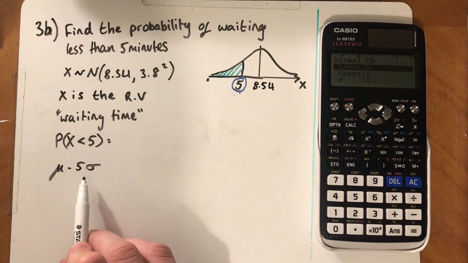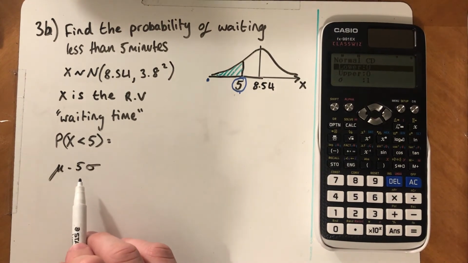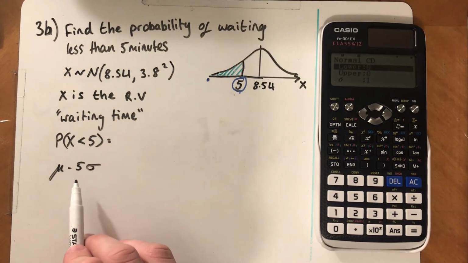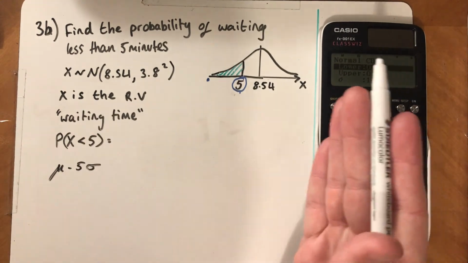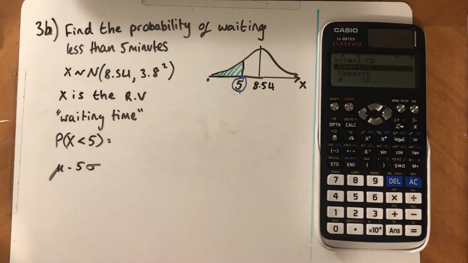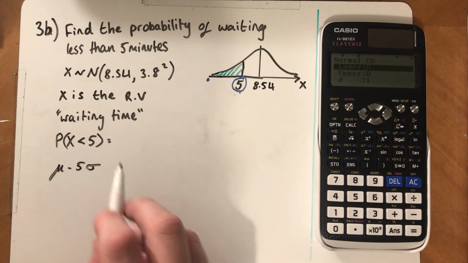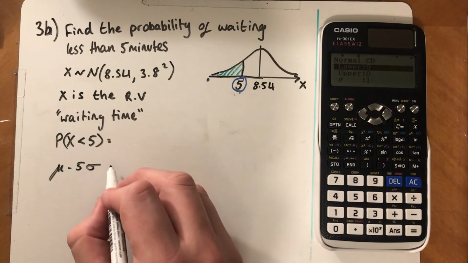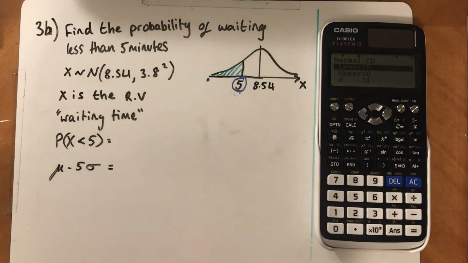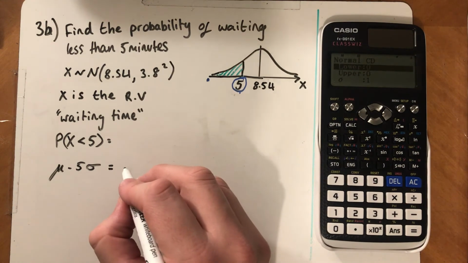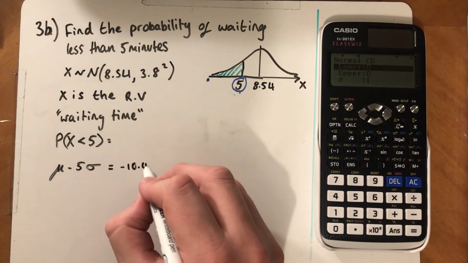Some people will say 6, and other people will simply tell you to put in a very, very large or small number depending on whether you're on the left or the right hand side of the mean. But what the book tells you to do is to go 5 standard deviations away, so that's what I'm going to do. When you calculate this, you should get a value of minus 10.46.